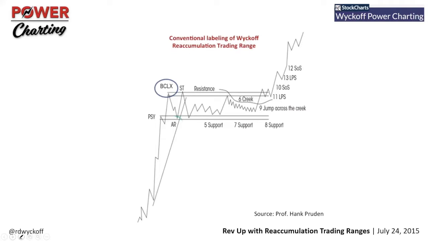And that is followed by an automatic reaction. Automatic reaction is a large reaction that is much larger than the reactions that preceded it in the uptrend, typically steeper, more volatile, has high levels of volume and volatility as it goes down. And this is a major clue that the uptrend is being stopped, at least temporarily.